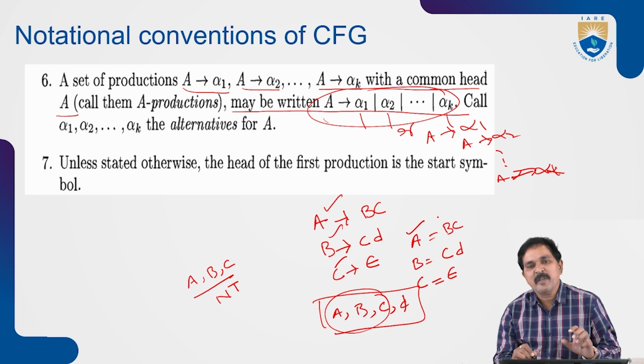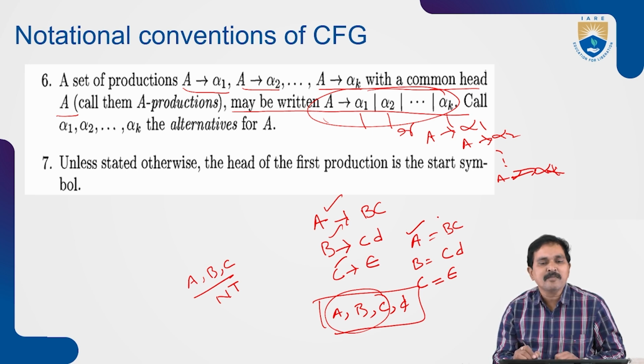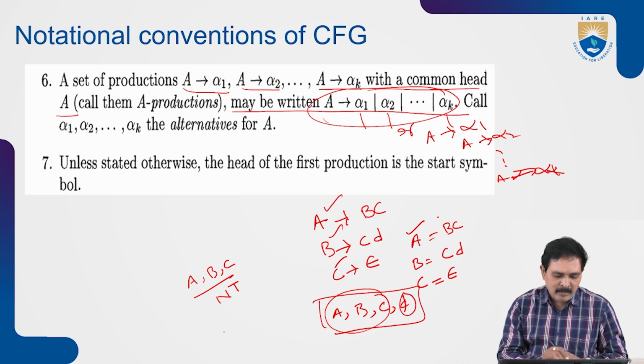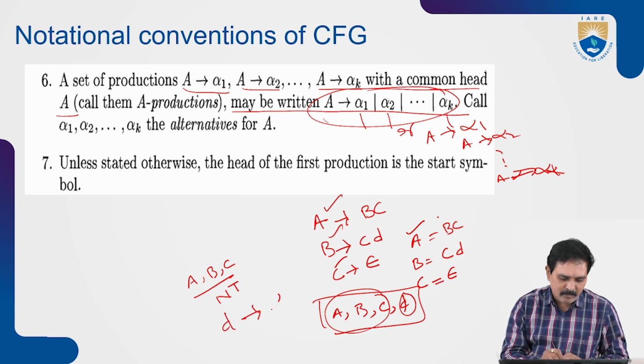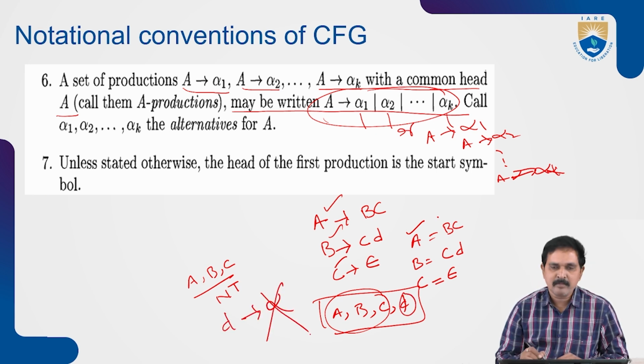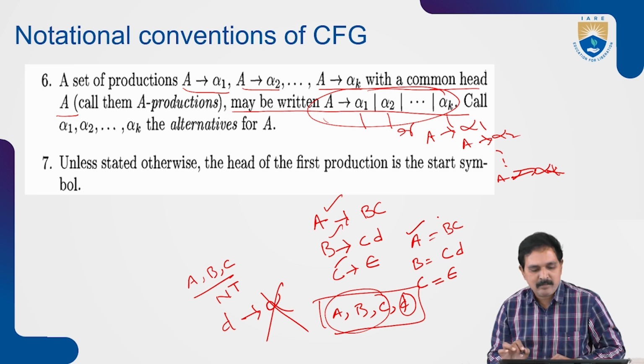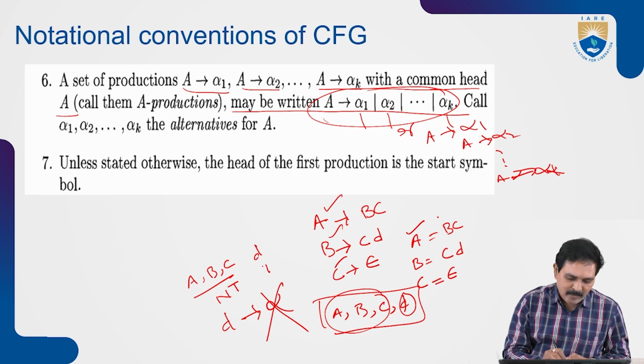A has the derivation BC, capital B has the derivation capital C small d, and capital C has the derivation of a null value. Therefore, these three variables in this specific grammar are considered non-terminals because they have derivations. And for small d there is no production. d cannot derive anything. That's fine, d is considered a terminal.